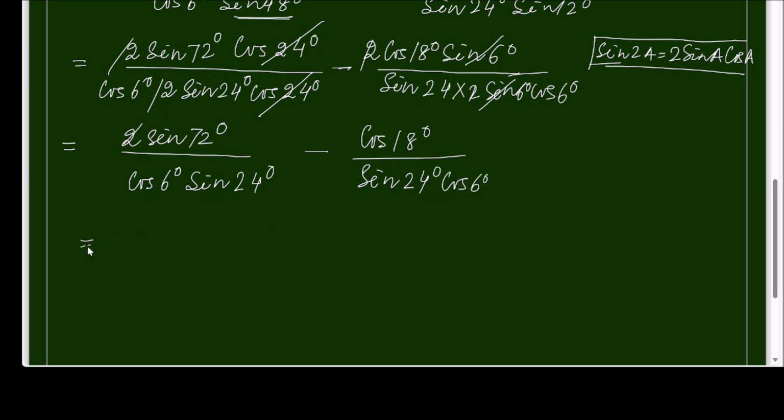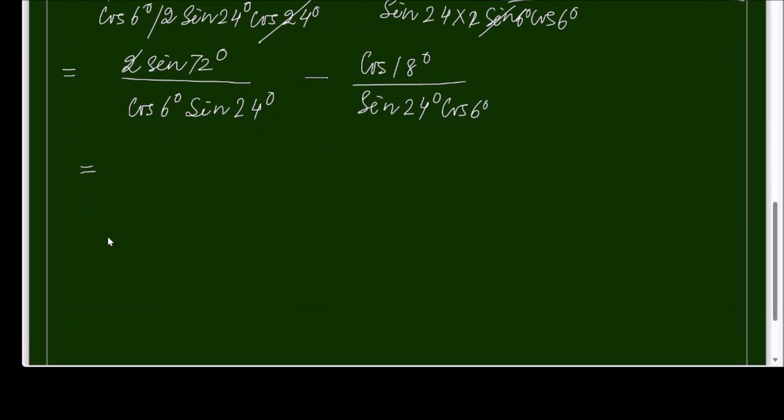So in the numerator, just observe, one is sine 72, one is cos 18. So they are both the same. Sine 72 degree is the same as sine (90 − 18), that will be cos 18 degree.